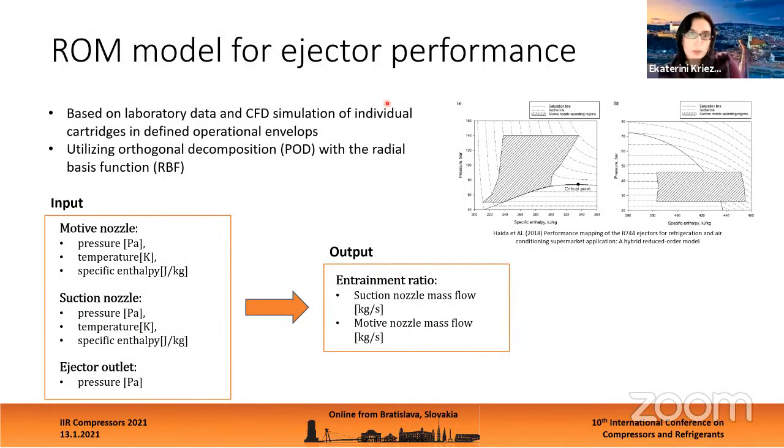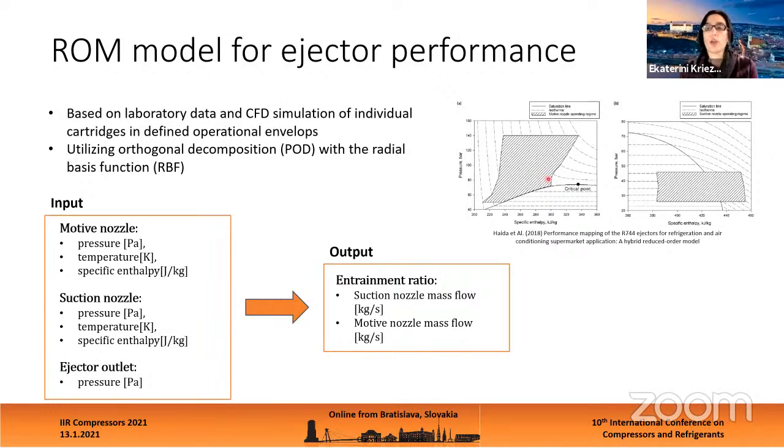The ROM model was developed at the Silesian University in collaboration with SINTEF and Danfoss. It's based on laboratory data and CFD simulations for the individual cartridges, and it utilizes proper orthogonal decomposition and radial basis function. The model has some defined envelopes for the operation of the inlet of the mass flow and the suction.